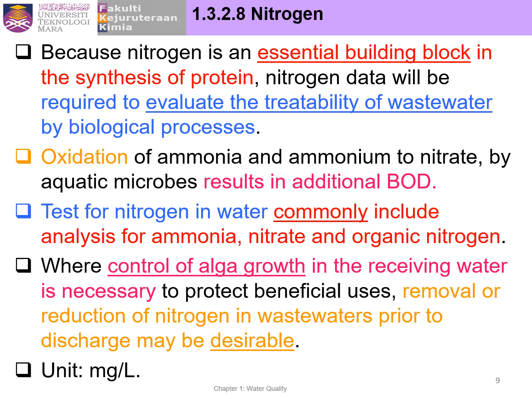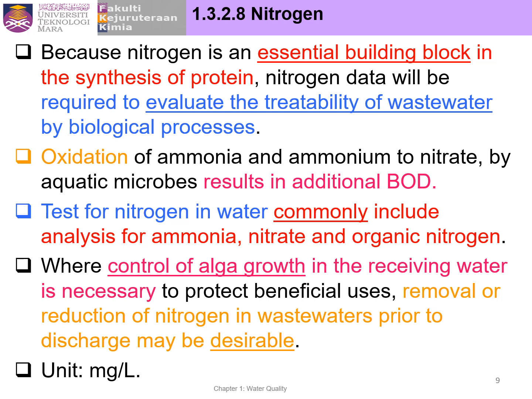Tests for nitrogen in water commonly include analysis for ammonia, nitrate, and also organic nitrogen. It means that whenever you want to do nitrogen analysis, these three, ammonia, nitrate, and organic nitrogen, come together.